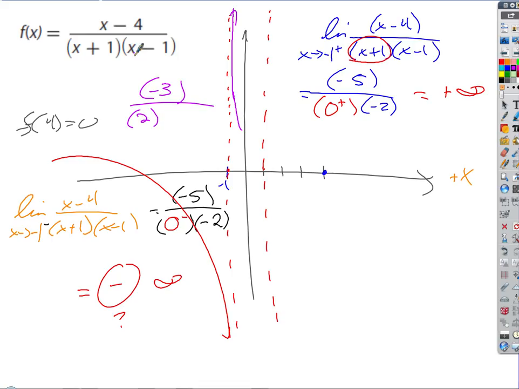So if x is approaching 1 from the left, that's going to be a value that's a little bit less than 1, minus 1. What kind of a leftover are we going to get? Positive or negative? Negative. Right? I've got something like 0.999 minus 1. It's going to be -0.001, right? See what I'm saying? So it's going to be a 0 negative.